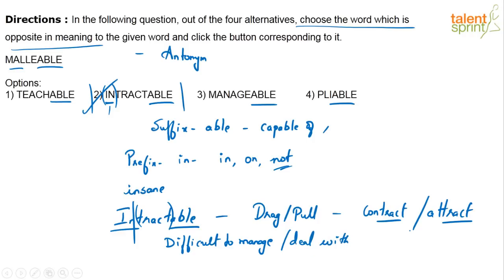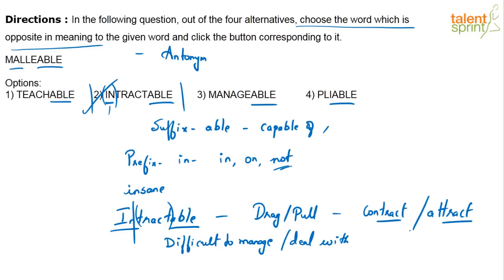All we've done here is look at all the suffixes, and look at one obvious prefix that is standing out, and then we figured out the answer. This is one way in which you can approach synonym antonym questions as well.